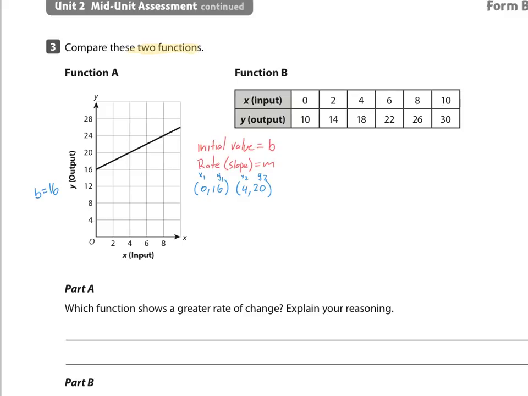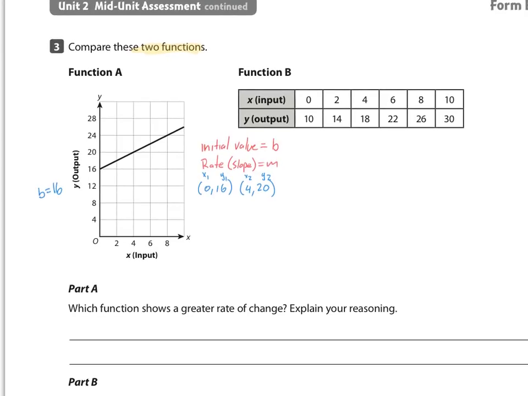And now we're going to use the slope formula. And if you don't remember, I'm going to write it up here. Slope formula is going to be y2 minus y1 over x2 minus x1. Okay, and that's going to give you your m.